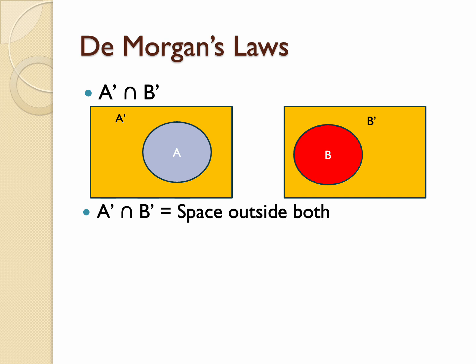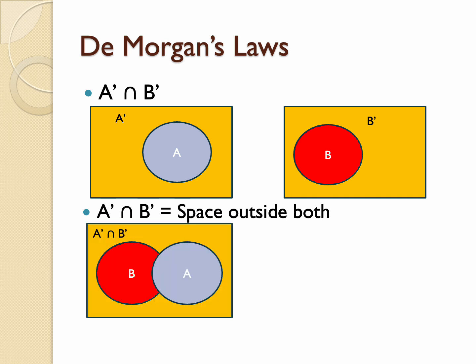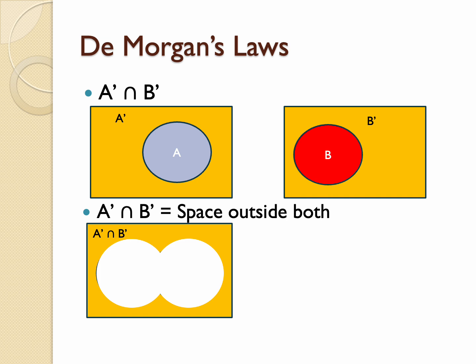To do that, let's draw both A and B in the same space. And now get rid of both A and B, because we want to show the space outside both A and B. So now we can clearly see that the only space left is what represents A complement intersection B complement.